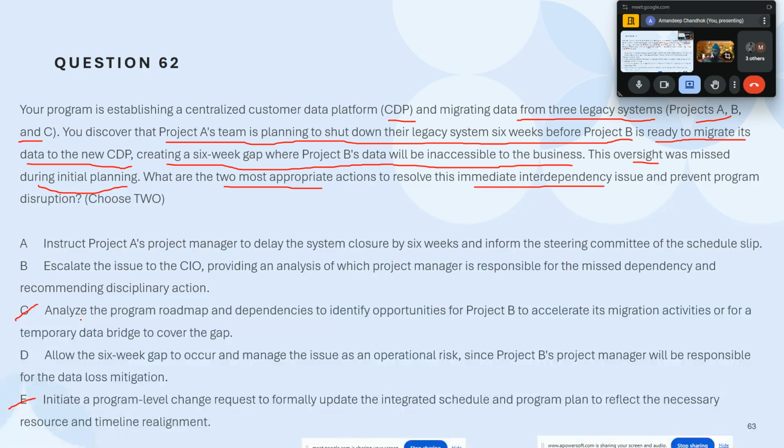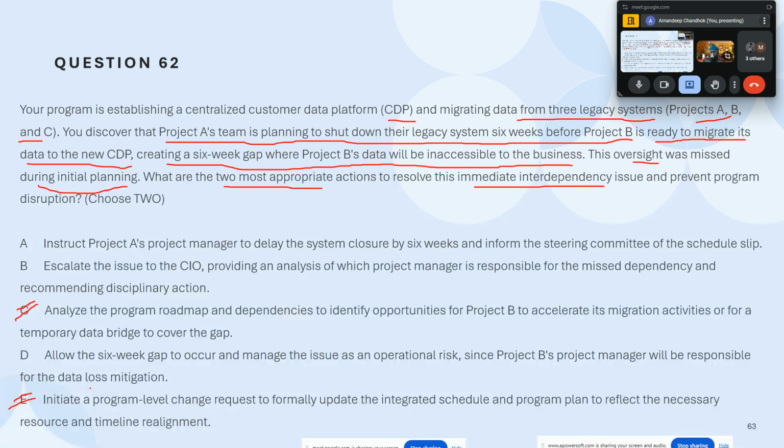I will also go for C and E. So Aman, it's almost 1.5 minutes per question in the exam. Yes. For me also, sir, it is C and E.